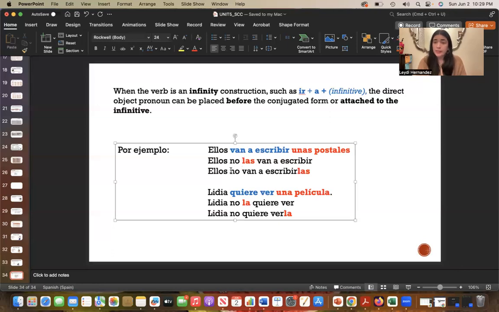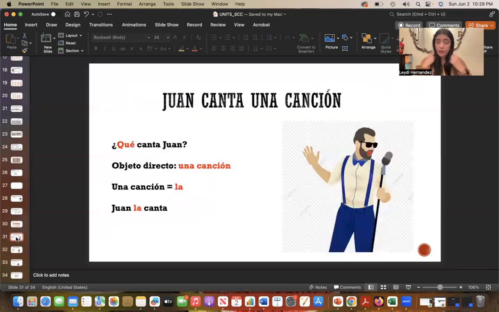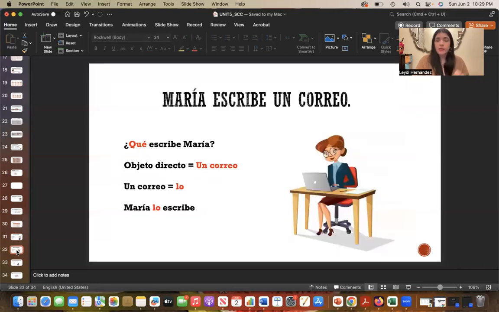Whenever you want to make a sentence negative, you just place the word no before the verb. No van a escribirlas, and we are using that pronoun right after the no. Okay, I think that's it. I hope you guys understood everything. We're just going to do one more example and I'll finish the video.